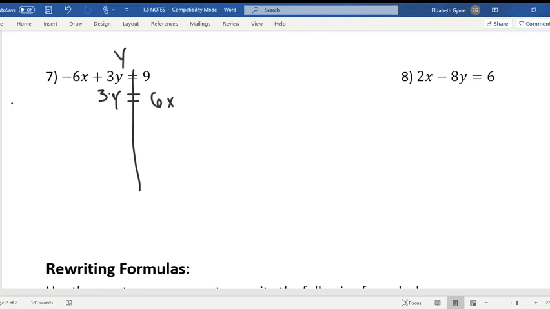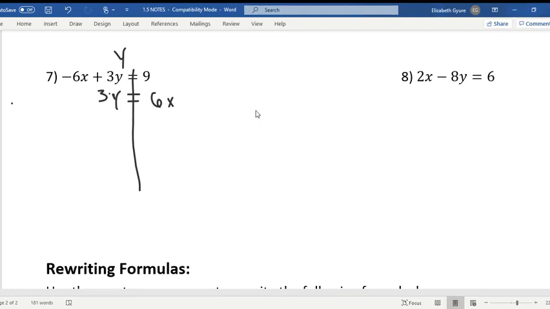Okay. And then on the other side, we have a 9. Jake Sanders, should the 9 stay or go? Well, it's already on the right, so do we want to move it to the side with the y, or do we want to leave it where it is?